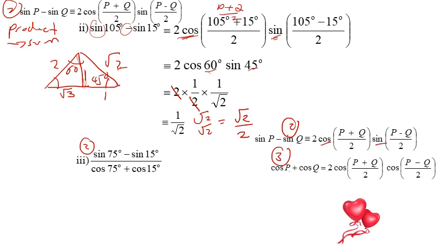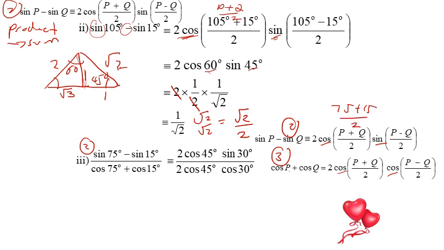For cos plus cos, it is cos cos. So substitute these two, and as I said before, 75 plus 15 is 90. So 90 over 2 is 45. So that's why we got 45 here. And then 75 minus 15 is 60. So 60 over 2 we got 30. So this one we got 30.